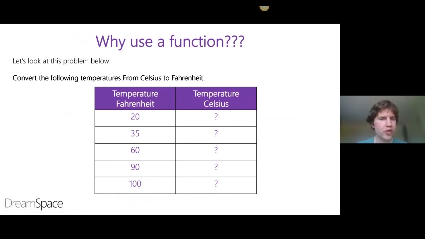Or if we use a function, we could make that a little bit quicker, a little bit shorter, and a little bit easier to understand. So we're going to quickly create a function to convert from Fahrenheit to Celsius. Then we might use it three or four times really quickly to see how it shortens up our code and makes it a little easier to work with.